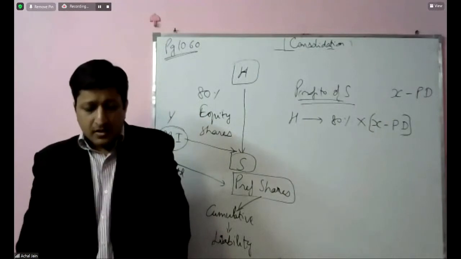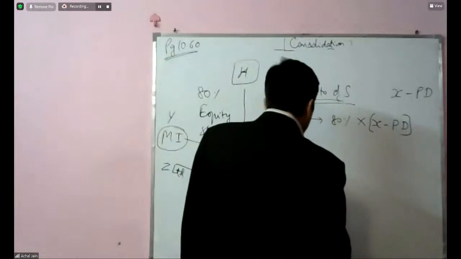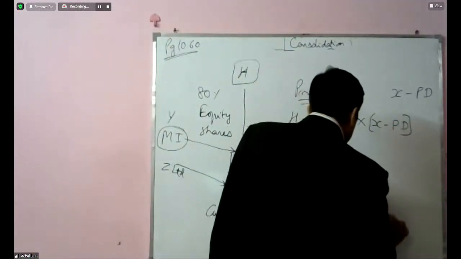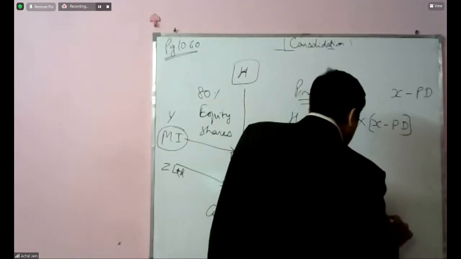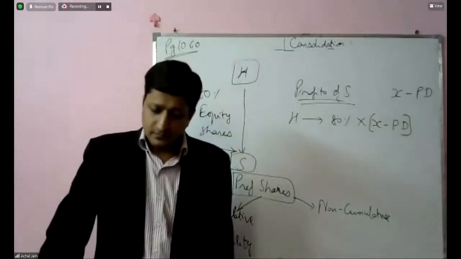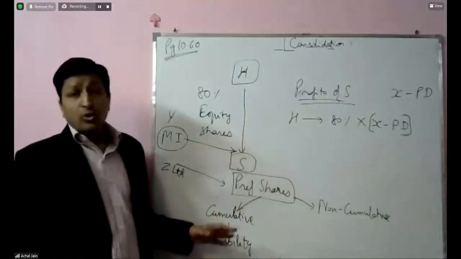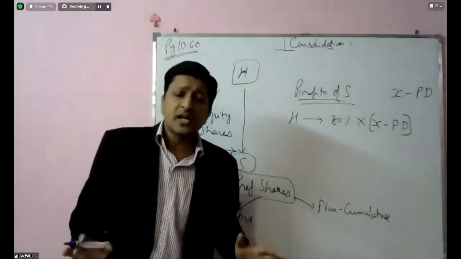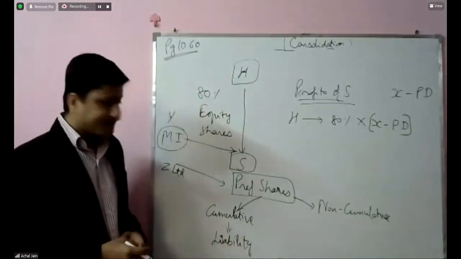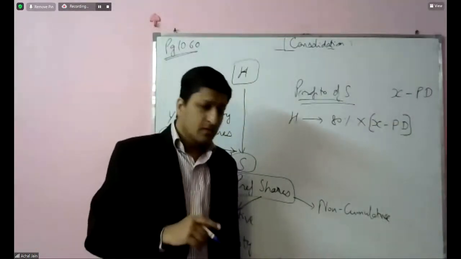Further, it says, in case the preference shares are non-cumulative, the other category, in such a case, we will not consider preference dividend as a liability if that is not declared and paid. Clear on this point again?